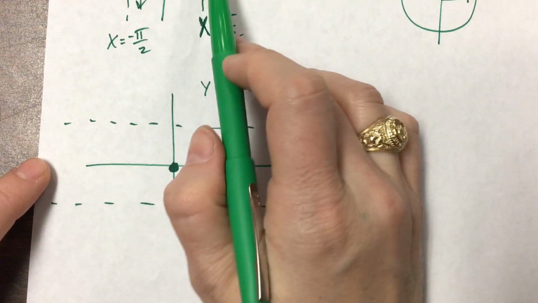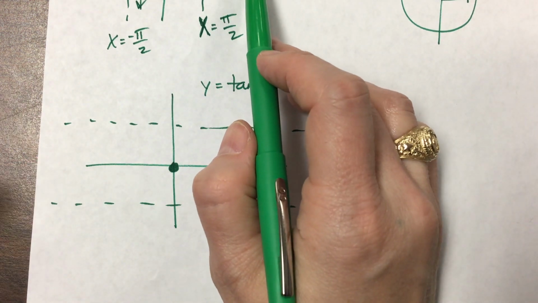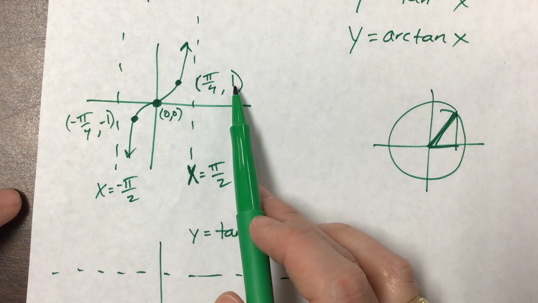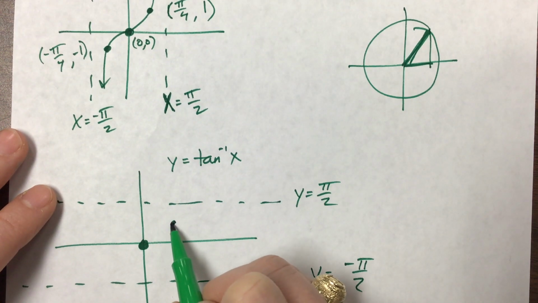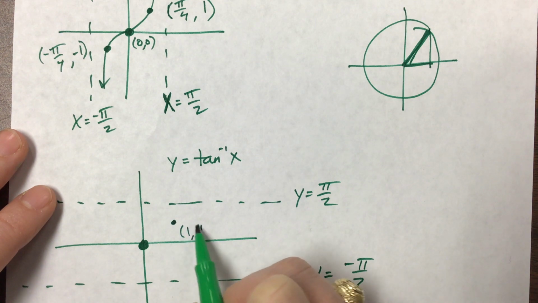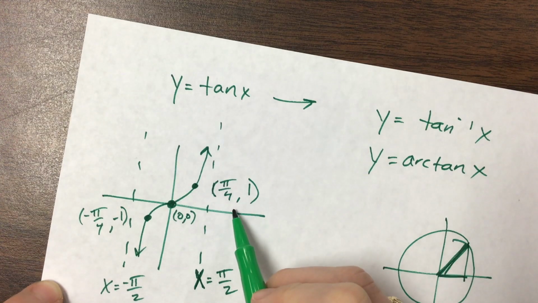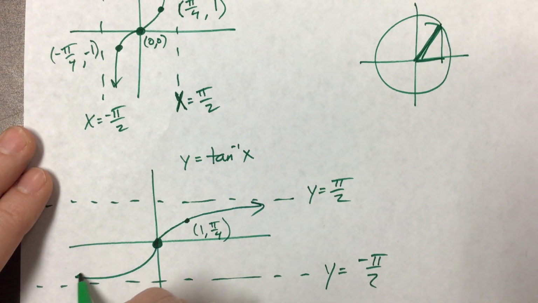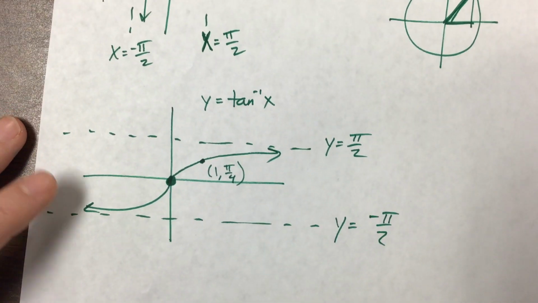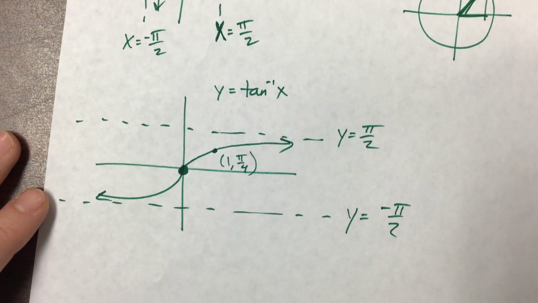And then think about this. This is a positive and a positive, so even when I switch it, they're both positive, so I'm going to be growing this way. So somewhere over here, I'd have the point 1, pi over 4, because it was pi over 4, 1, and we switch. So we're doing something like this, and then it kind of goes something like that. And so that's the inverse of tangent. That's arctangent's graph.